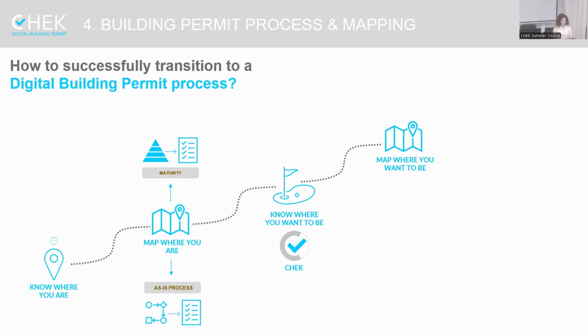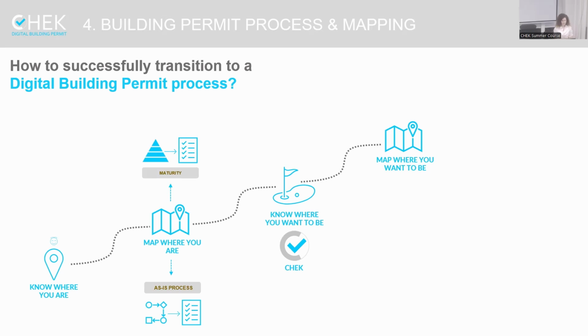But the next step is to map where you want to be, because from the project, so from Czech, we had a written document with text, with objectives just represented in a textual way, but not in a process. We didn't have a process map.